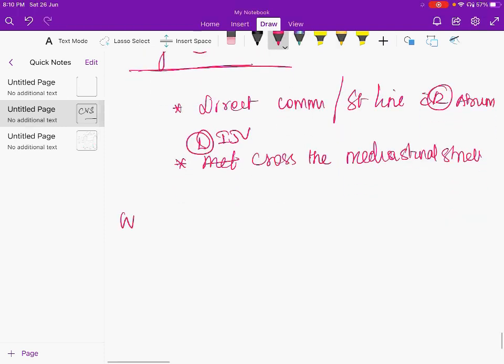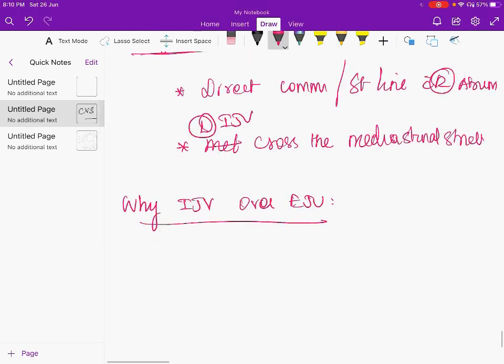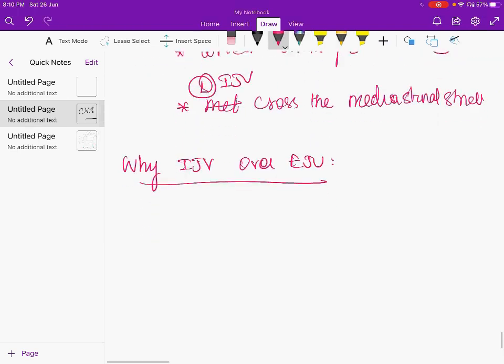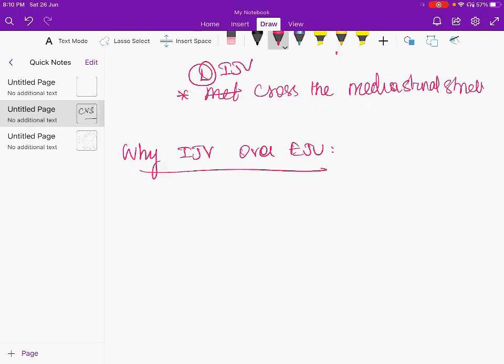Okay. So why IJV over EJV? EJV is a bit easier to see, but why do we prefer IJV over EJV? Any idea? Okay, because your EJV has more valves in it. Yeah, good Subishka.